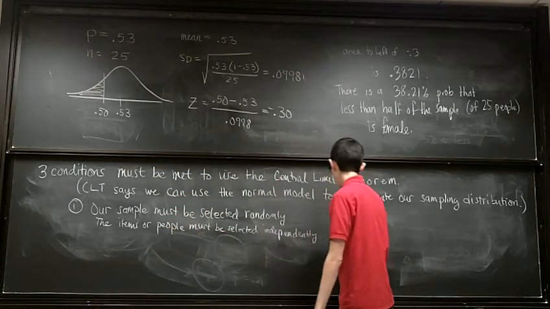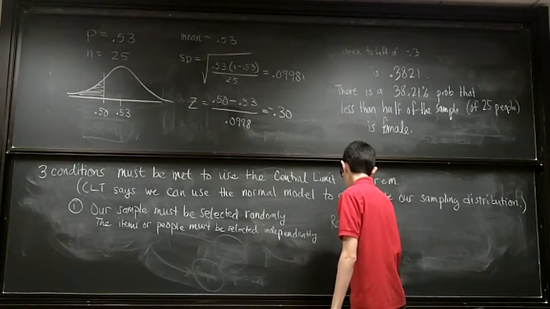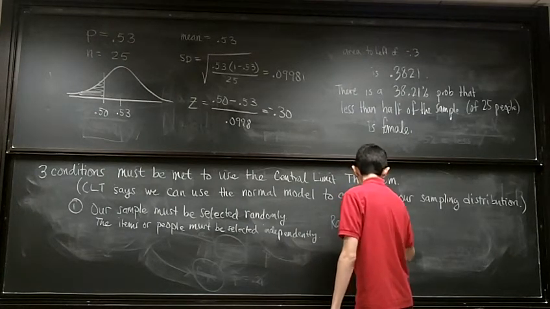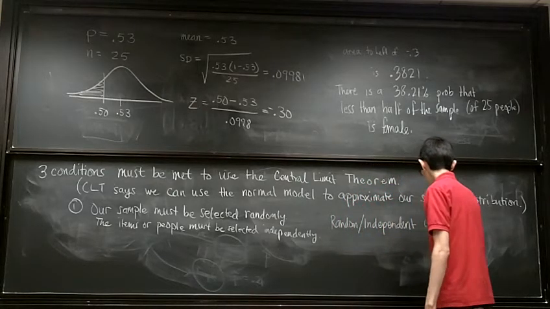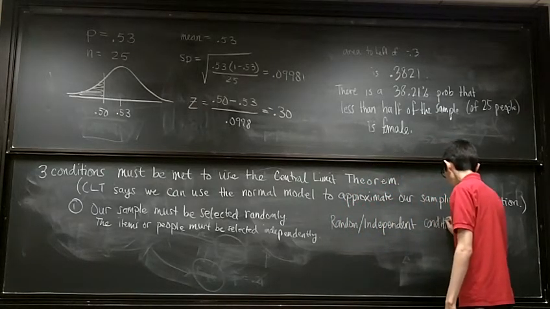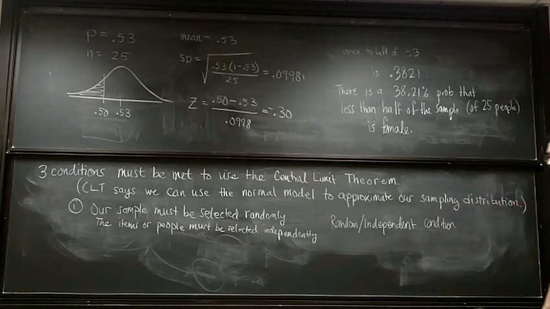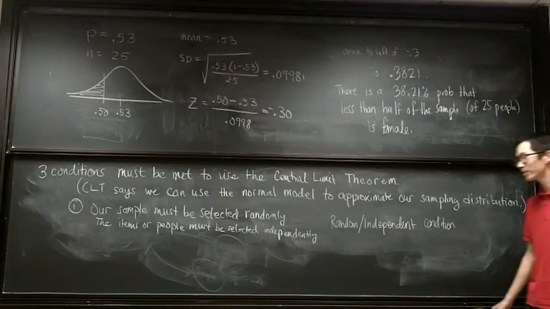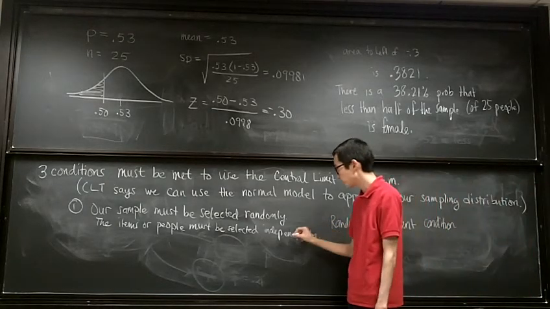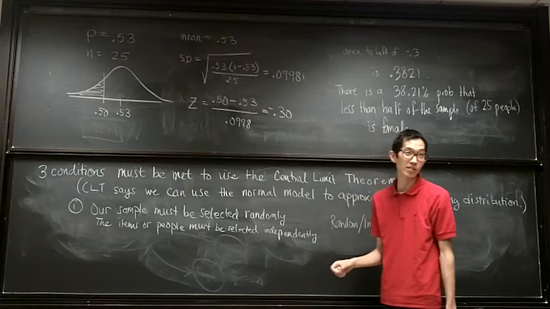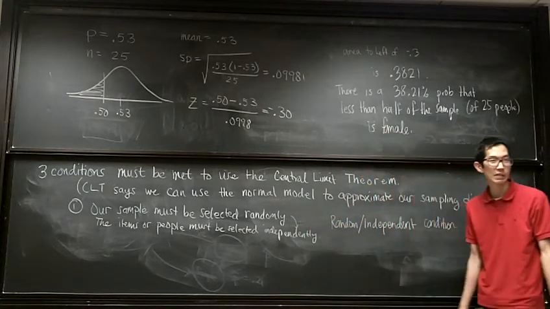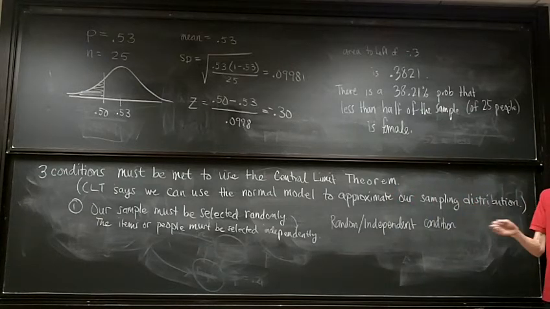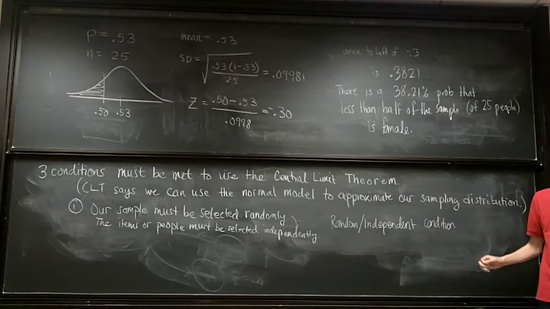So we call this the random independent condition. The sample must be selected randomly, okay? And actually, if it says it was selected randomly, that implies they were selected independent from each other. So selected randomly will also take care of that. But somewhere in your problem, it should say the sample was selected randomly.